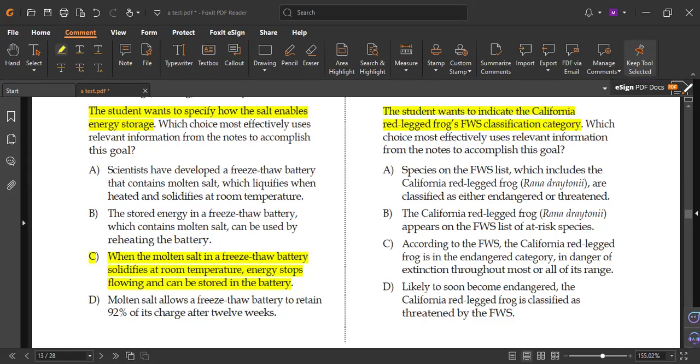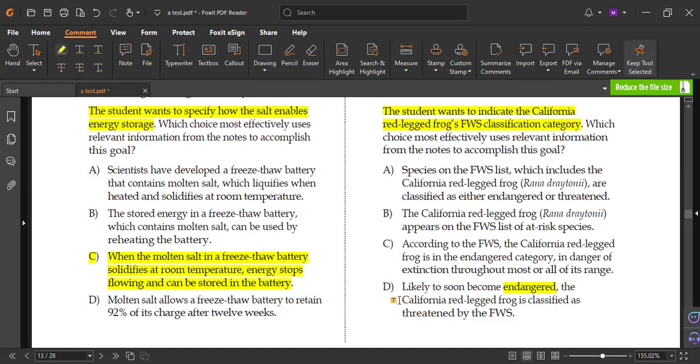Wait, B. Letter B, no. Always focus on what the question exactly needs. A indicates the classification category. The question asks what the category of the red-legged frog is according to FWS. That's mentioned in letter D: likely to soon become endangered. Yes, here.